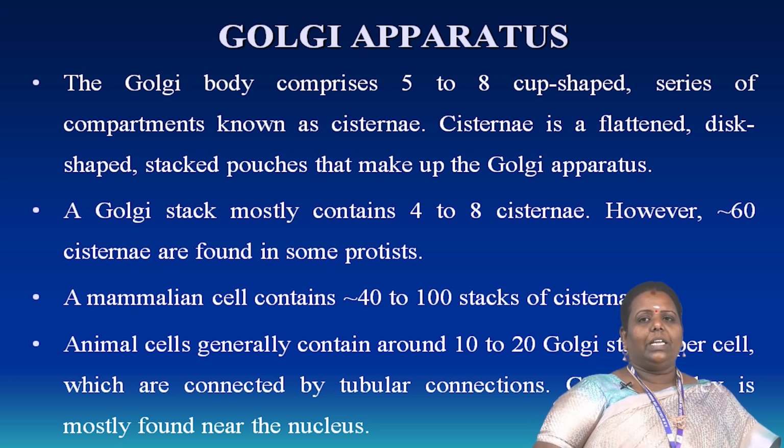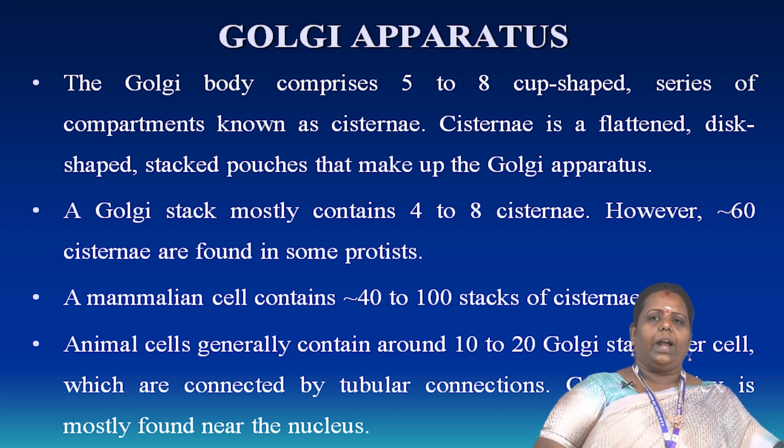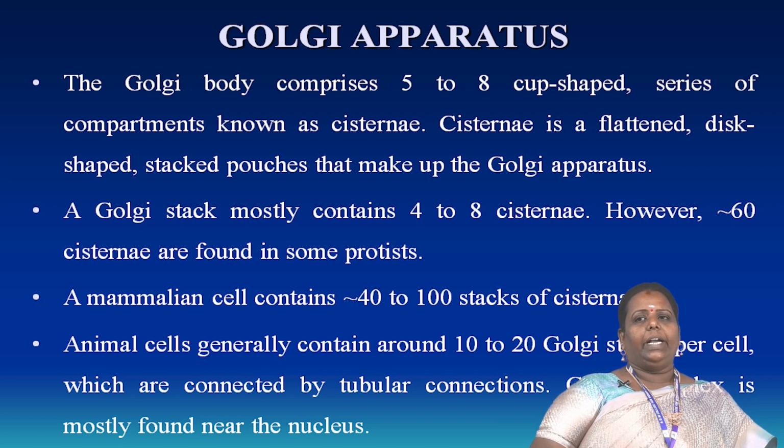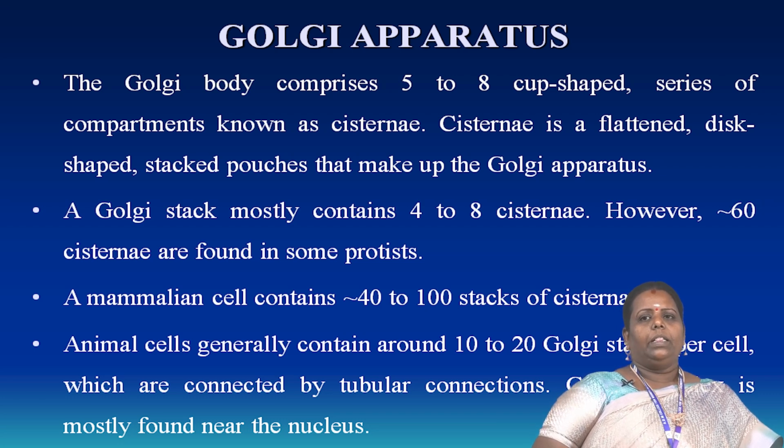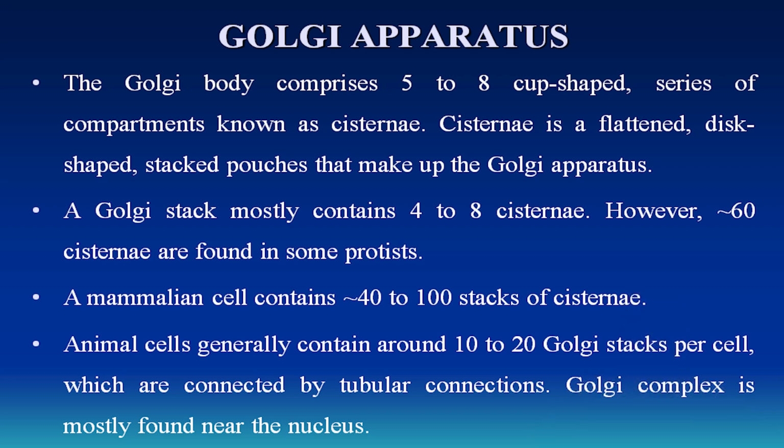However, fewer than 60 cisternae are found in the protists and some animals. Normal mammalian animal cells, all eukaryotic animal cells, contain 40 to 100 stacks of cisternae. The animal cells generally contain around 10 to 20 Golgi stacks per cell, which are connected by tubular connections.